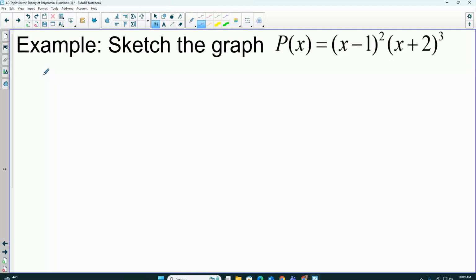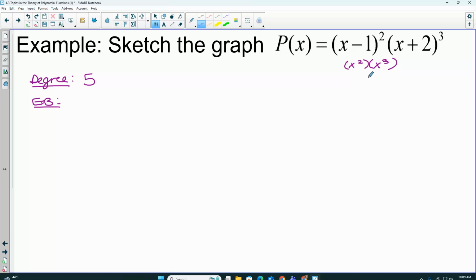X minus 1 squared times x plus 2 cubed. My degree, if I multiply this out, you have an x squared times an x cubed, so overall it's x to the fifth.